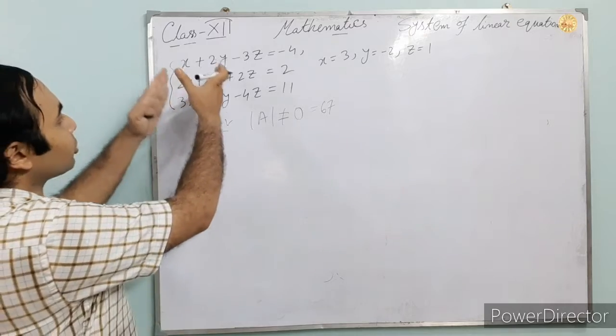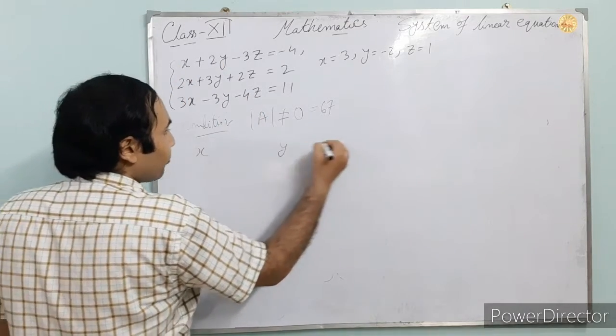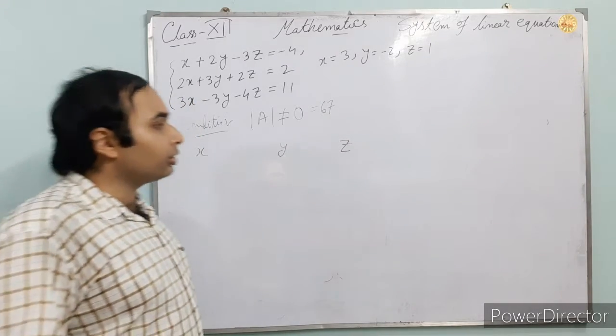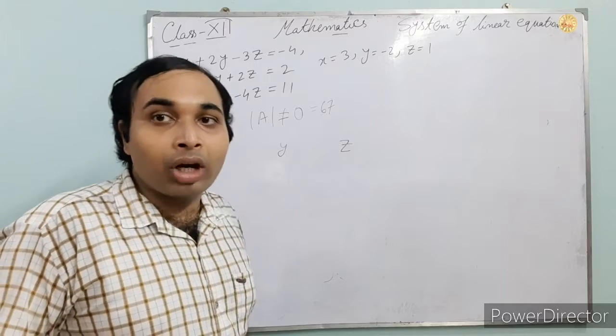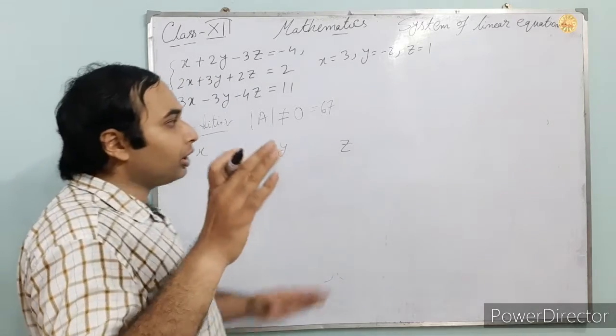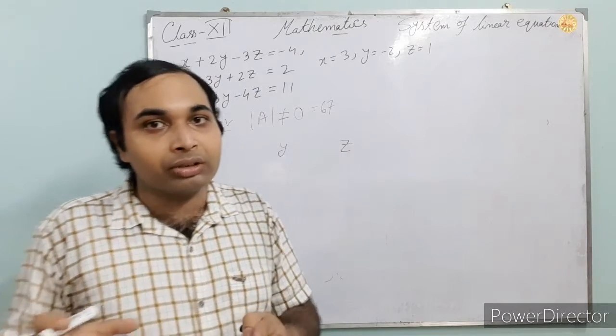So here you have to see what the variables are: x, y, z. It will look like the cross multiplication method to solve linear equations. The same type. Actually, what is the cross multiplication method in two-variable linear equations?